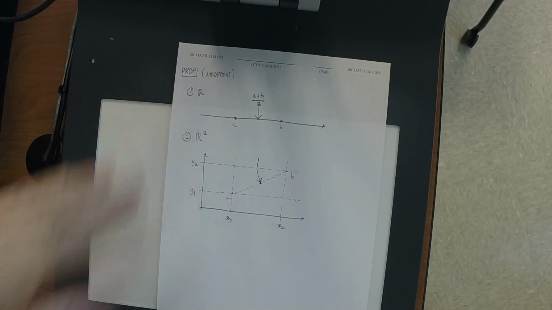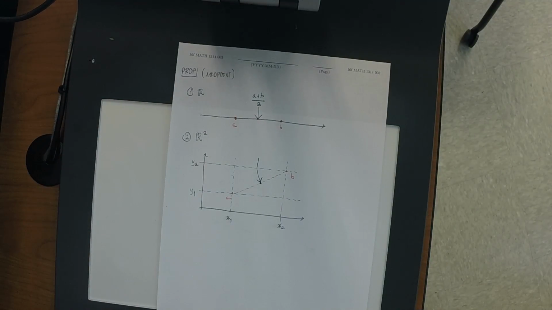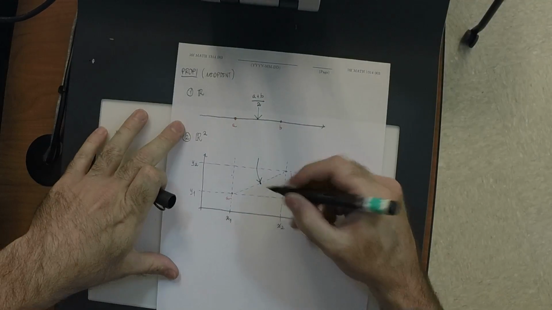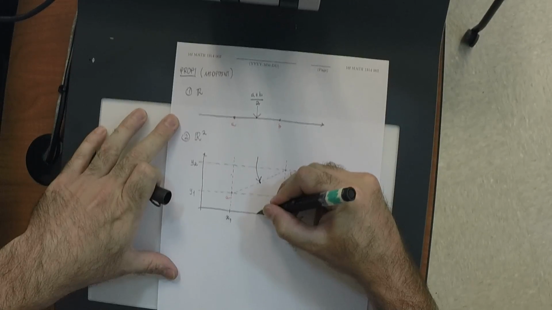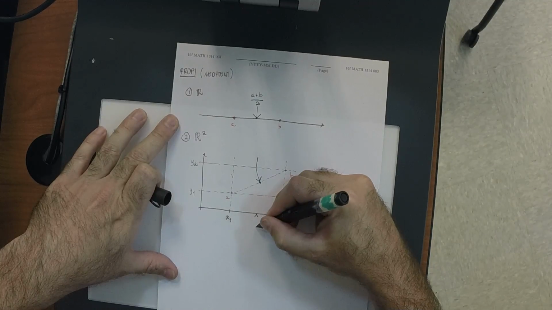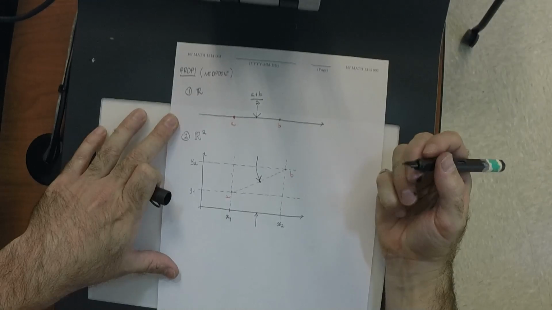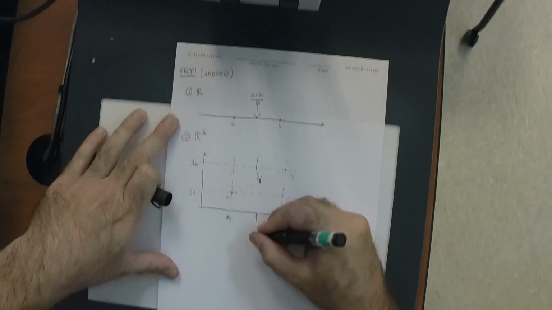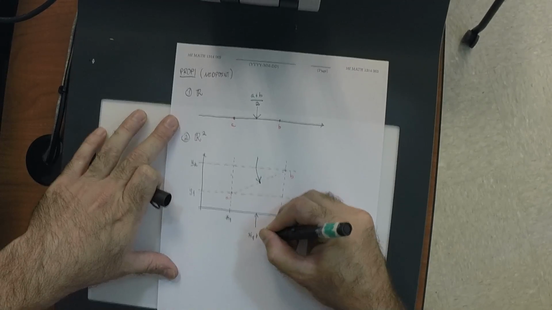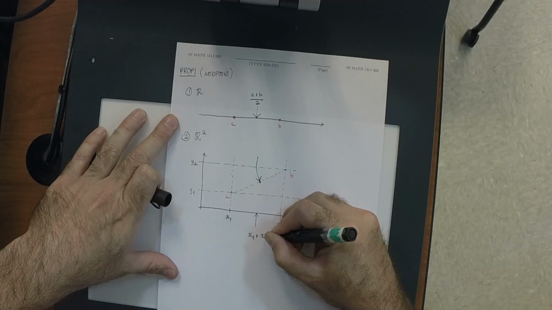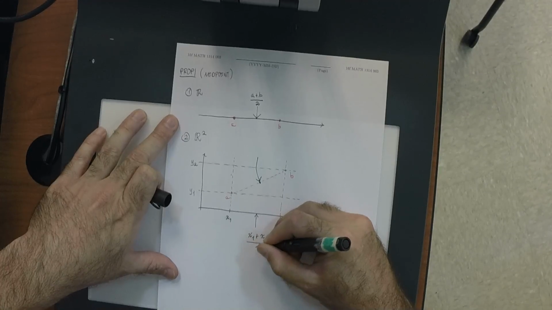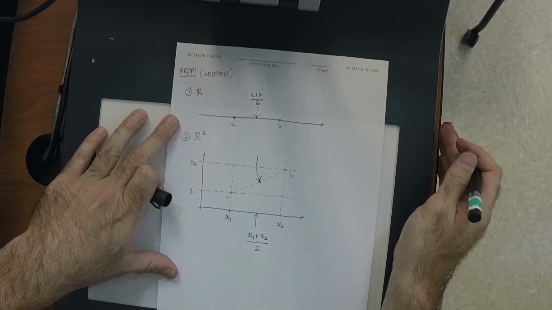Okay, well, now that we have two axes that we can deal with, we could find the midpoint of this one, right? The midpoint of this one is right here, right? What's the formula for that midpoint right there? X1 plus x2 divided by 2. So we know that.